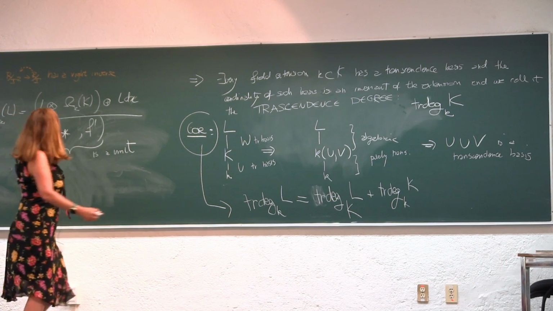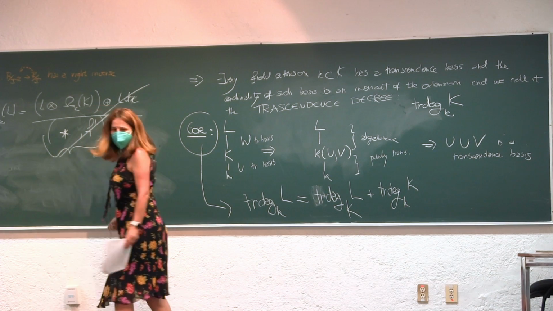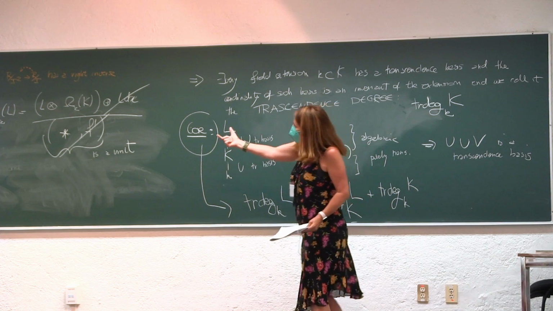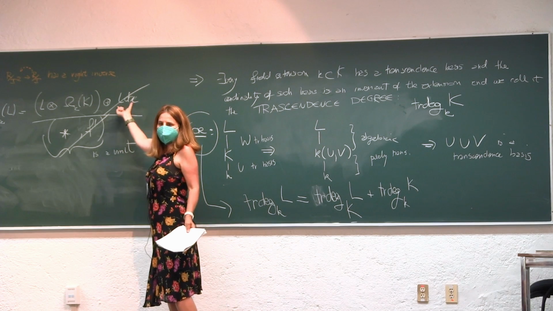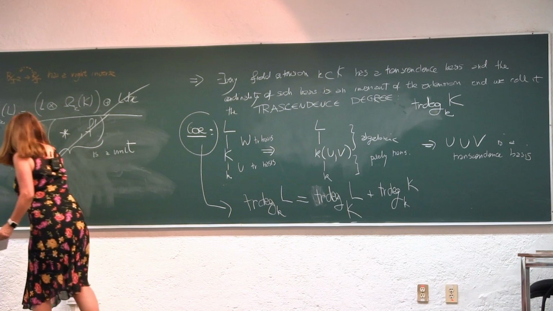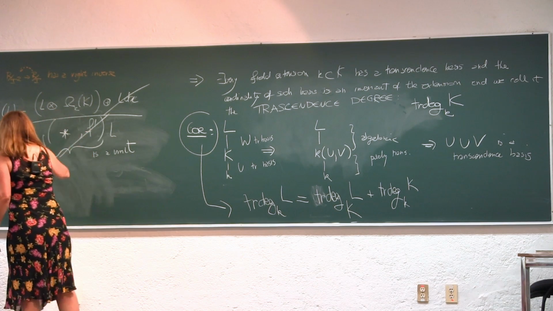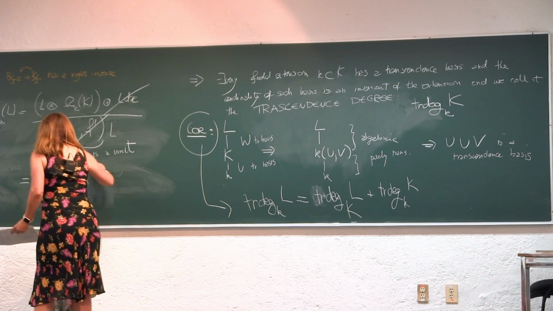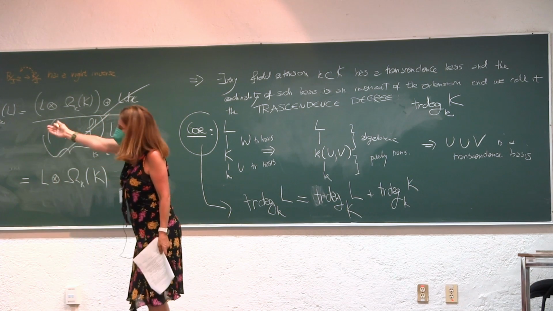So this tells us that this part splits this part off, because you have an L downstairs and an L upstairs. These are vector spaces. So this is L, and this tells me that this is simply L tensor omega k of big K. And now we have our claim proven.